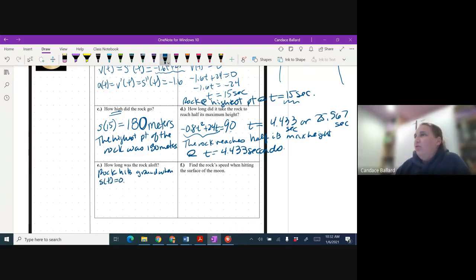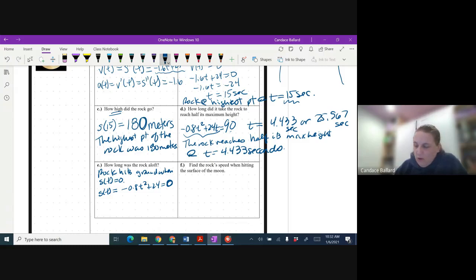It's always good to tell the reader your thoughts, okay, so they know what you're talking about. And sometimes they award points in weird places, okay? So S of t equals negative 0.8 t squared plus 24 equals 0.